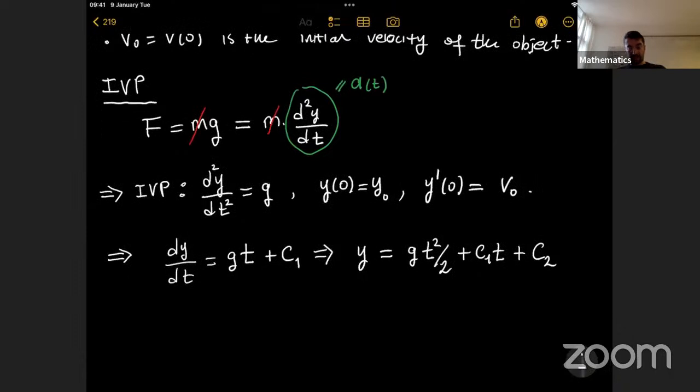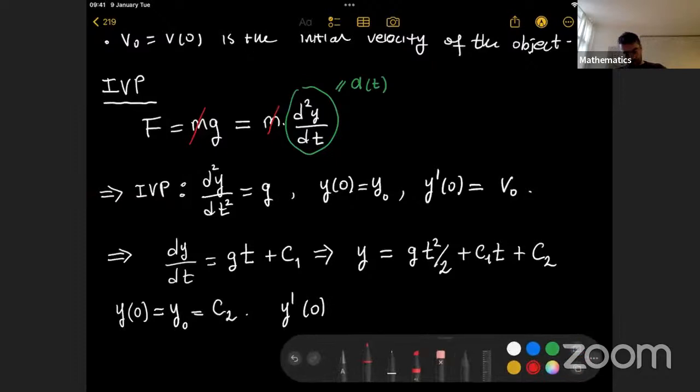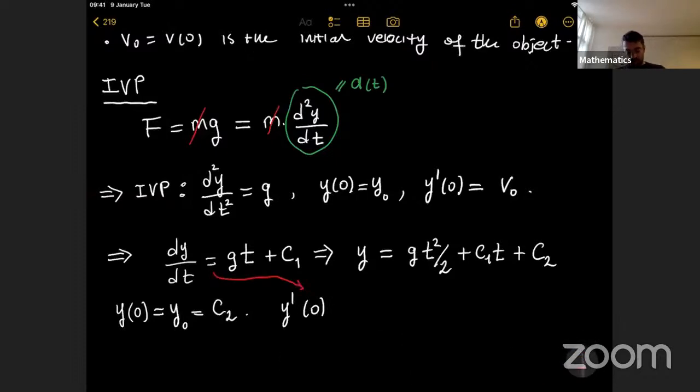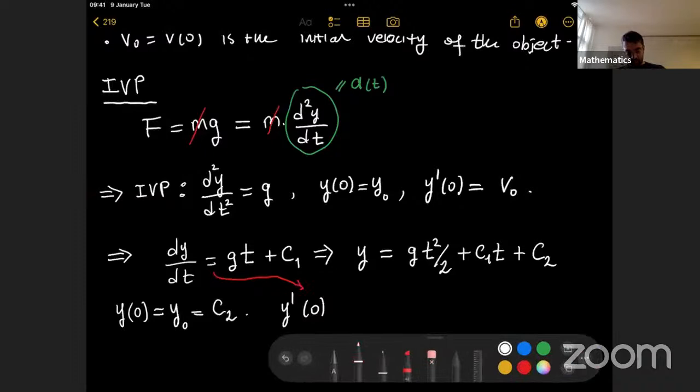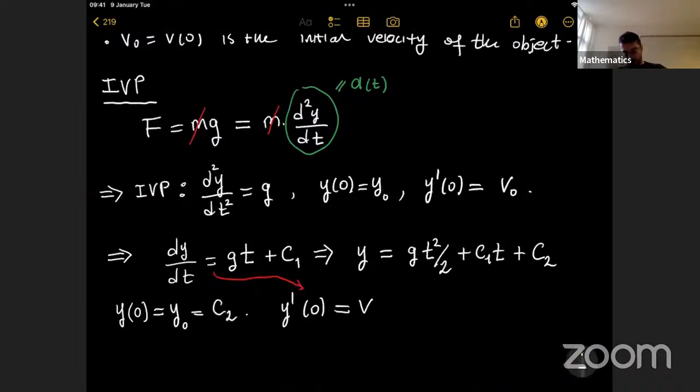Well, y of 0 is equal to y sub 0. When t is equal to 0, it becomes c2, so c2 is equal to y0. What about y prime of 0? Here we can use this one. On the one side, it's v0, the initial velocity, and from the equation here, it's basically 0 plus c1.